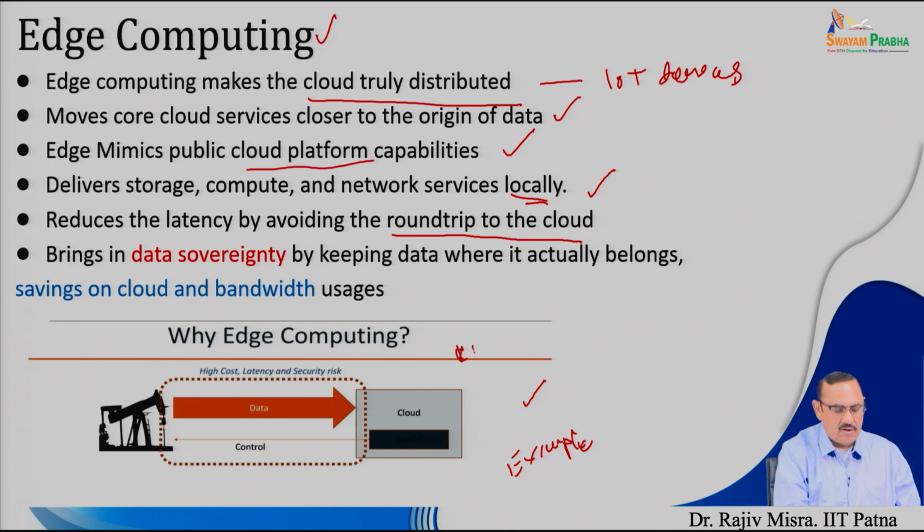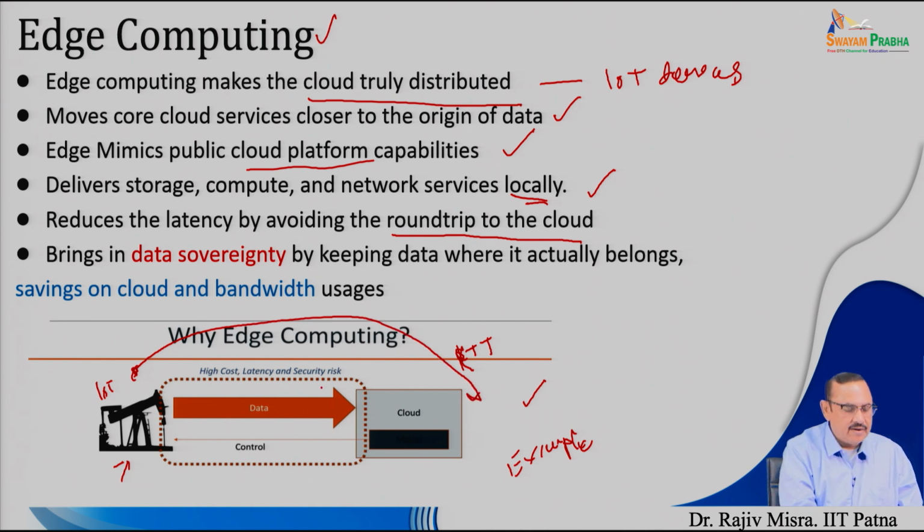So, RTT, round trip time. Round trip means the data generated by an IoT device, let us say on an oil exploration platform, needs to be sent to the cloud through the network. It requires a lot of cost and latency to send the data.